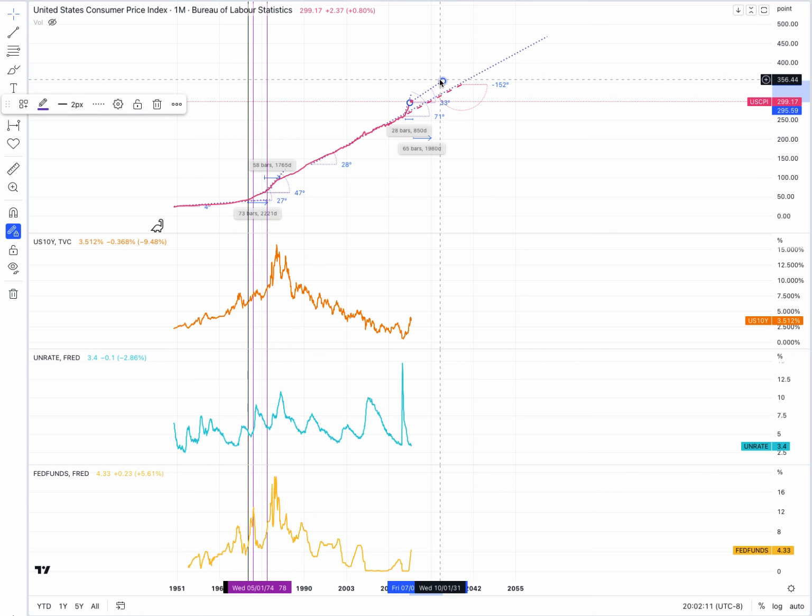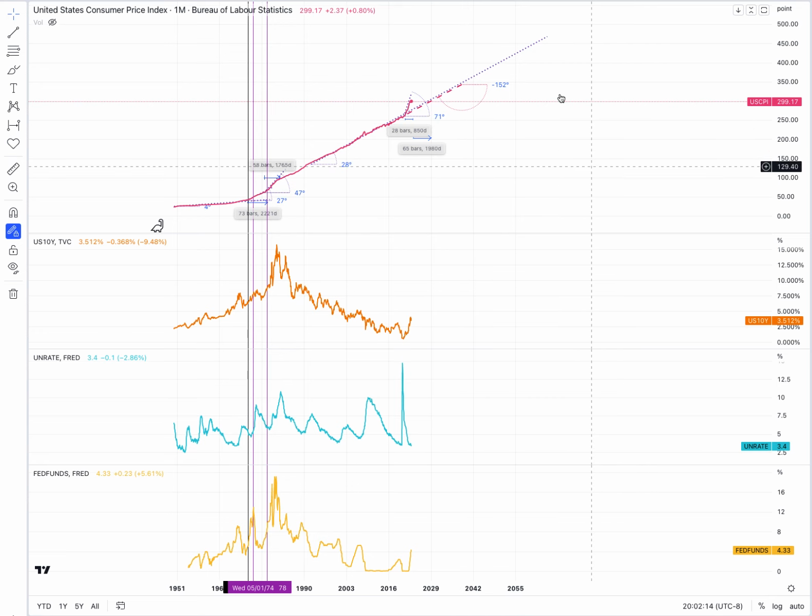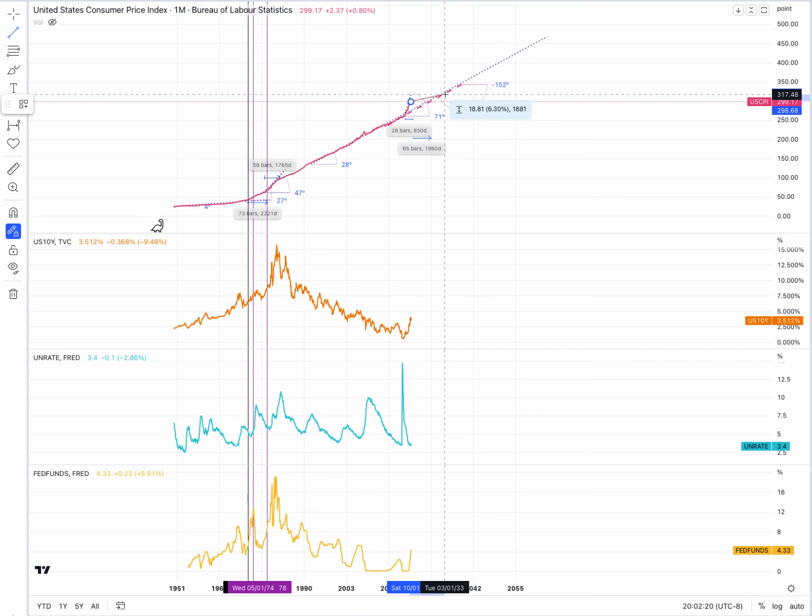Now, if you do not have a deep recession, then you can consider that we're going to have a new trajectory, and the new trajectory is going to look like this, right, in this angle. So when does it meet there? It meets here with the same line around 2034, 10 years, 11 years from now.